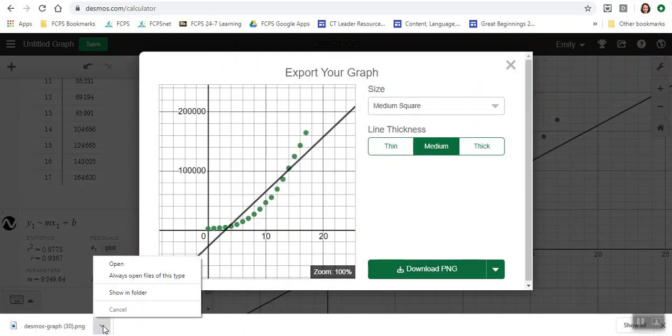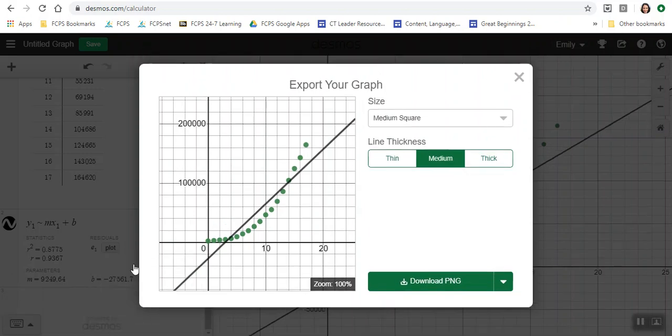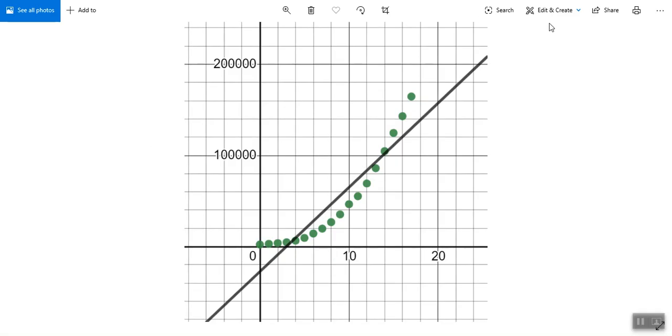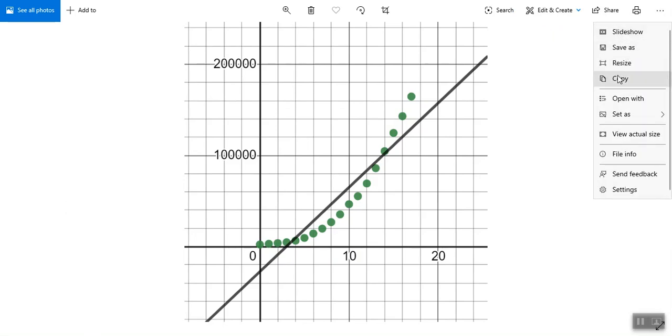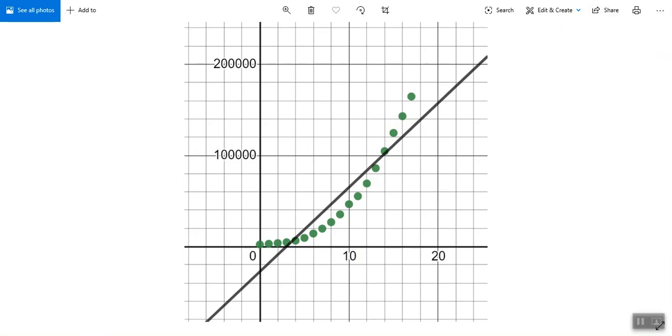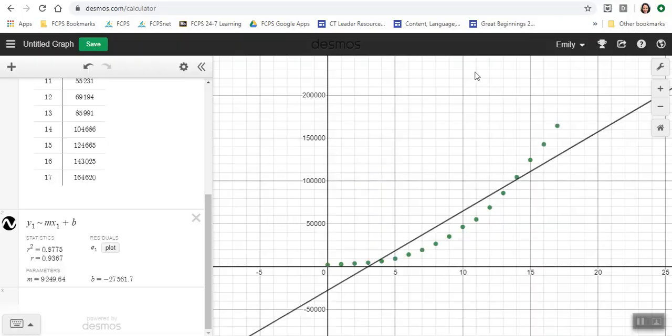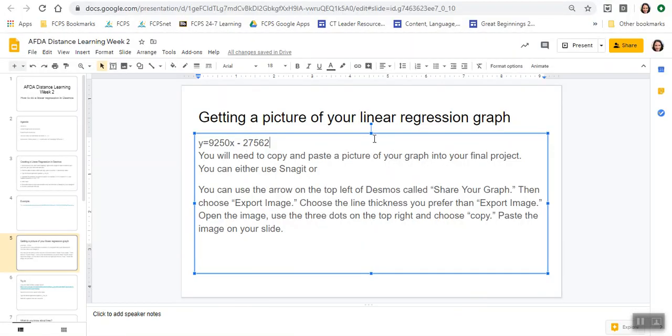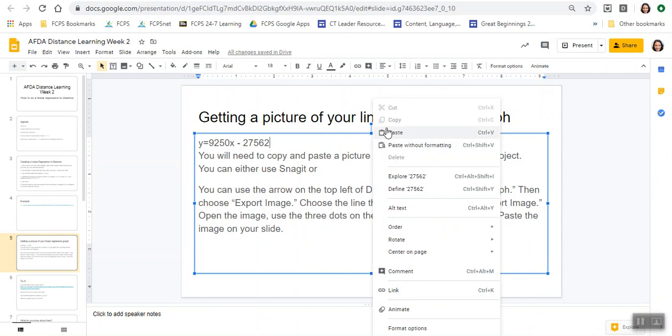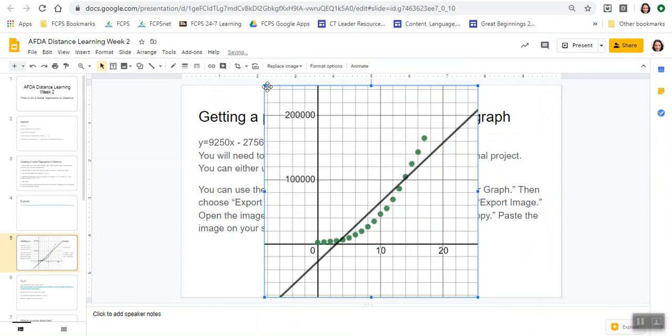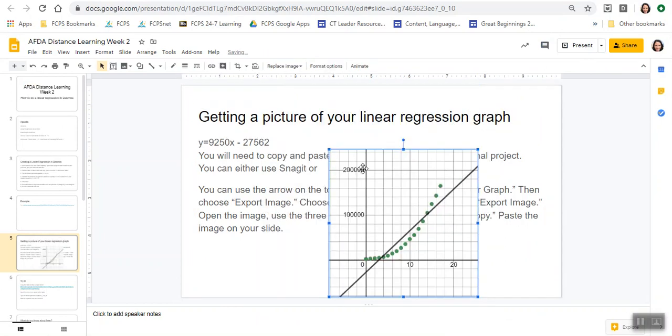Then you want to open the image and copy it. You can copy it from the 3 dots right here. There you go. Alright, so then you can paste this back into your slideshow and resize it however you want. So that's what you'll need to do on your slide 3 today.